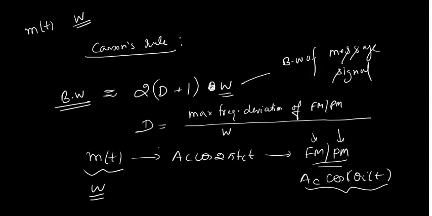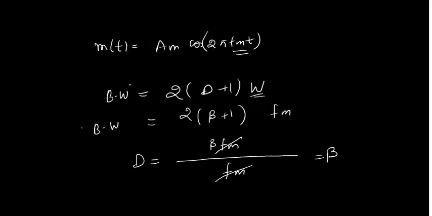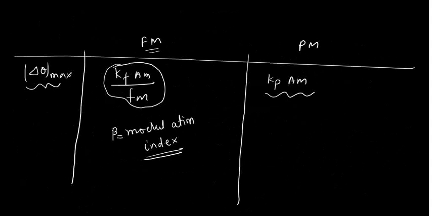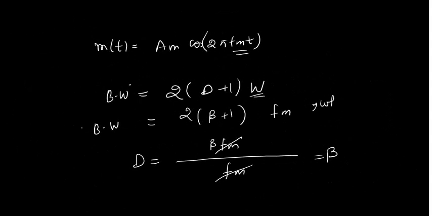Where beta is the modulation index. We have defined beta somewhere, right? Yes, Kf Am by fm for an FM signal, and Kp Am for a PM signal, and you can also derive beta from here, that it is the maximum frequency deviation divided by fm.